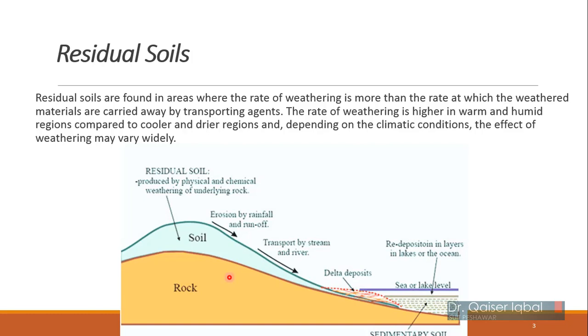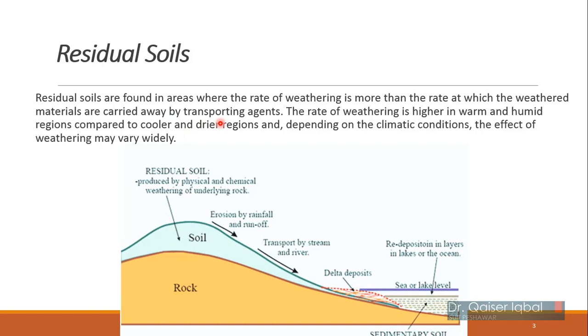Now moving on to residual soils. As I discussed earlier, the weathering of rocks can produce fragmented pieces, which are referred to as soils. If they lie in the same area where they weathered from rock, they are known as residual soil. Residual soils are found in areas where the rate of weathering is more than the rate at which the materials can be carried away by transporting agents.